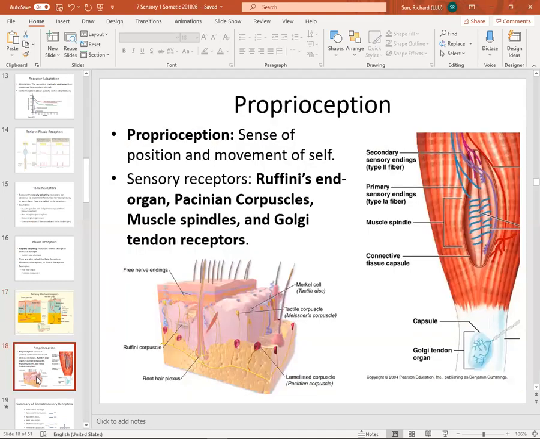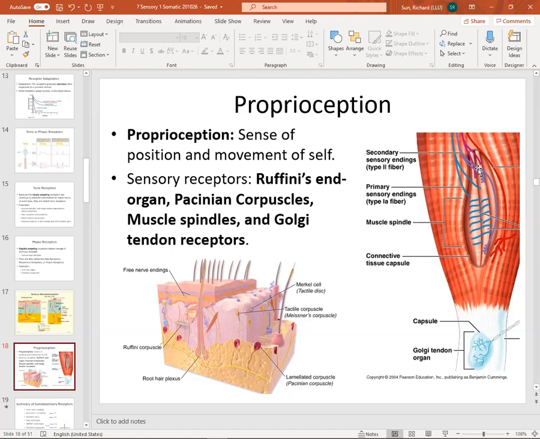We also have these slow adapting and fast adapting receptors serving as the receptors for proprioception. This includes the muscle spindle. The muscle spindle is the one wrapped around the center of muscle fibers.